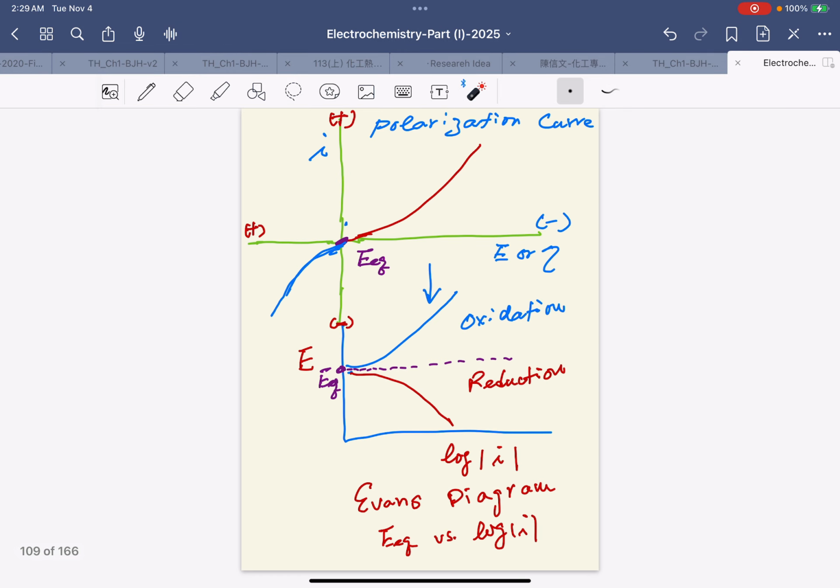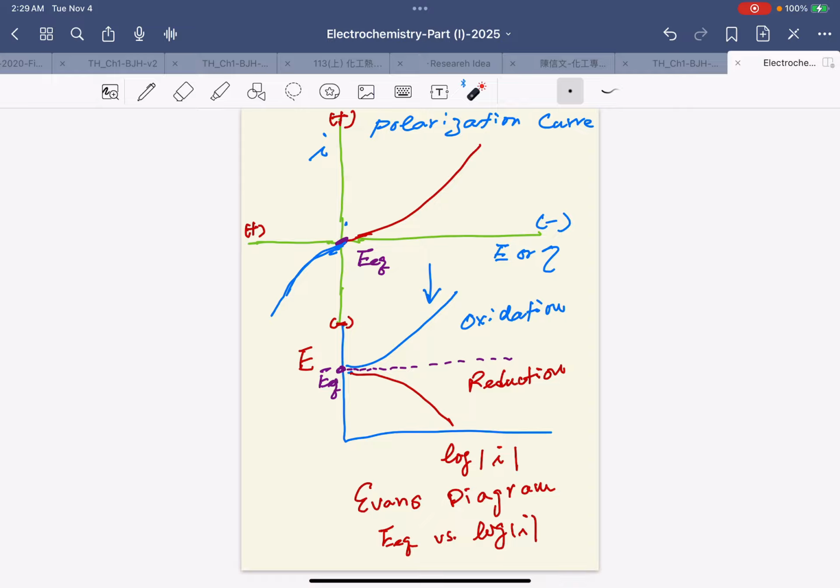But today we want to introduce, if we get this polarization curve, last time we mentioned this polarization curve needs to be obtained at the steady state condition. So you need to make sure your data is obtained at the steady state condition.